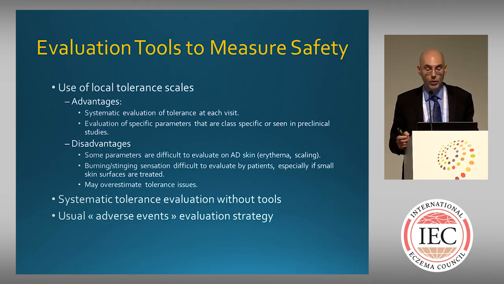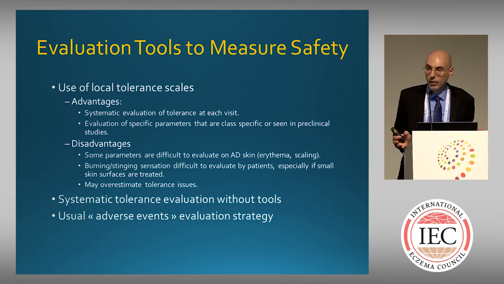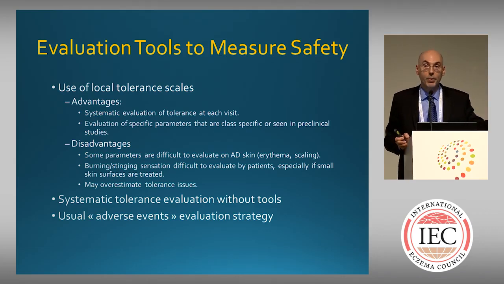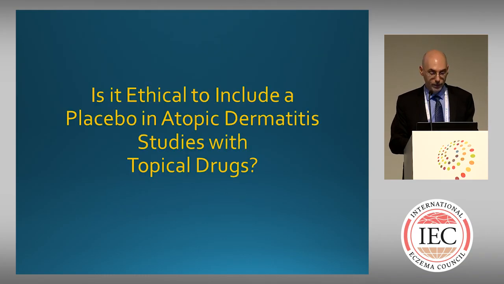I don't like that personally. Another option is to do a systematic evaluation of tolerance at every visit by the dermatologist, and if there's an issue, this is entered as an adverse event. A third option, which I don't like either, is just to say nothing and expect that the patient would report any type of adverse event.